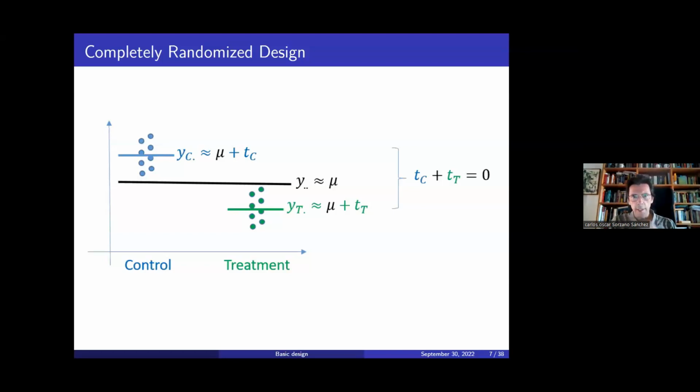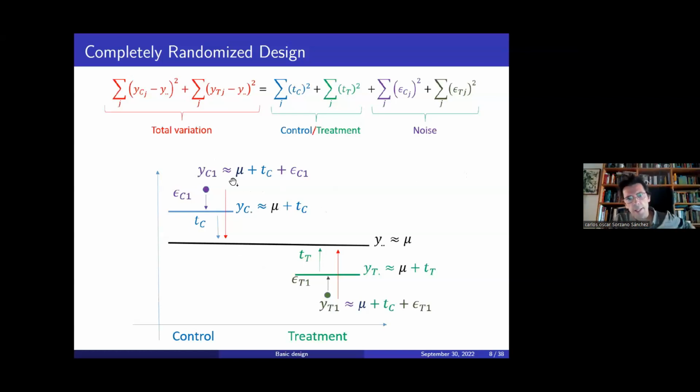Okay, so then let us analyze one single person here and one single person there. And don't be scared about this equation. We will explain it, and it is very easy. So let's say that we have a single person here. We have the first person in the control. So the first person in the control will have a value, and we can decompose this value into different components.